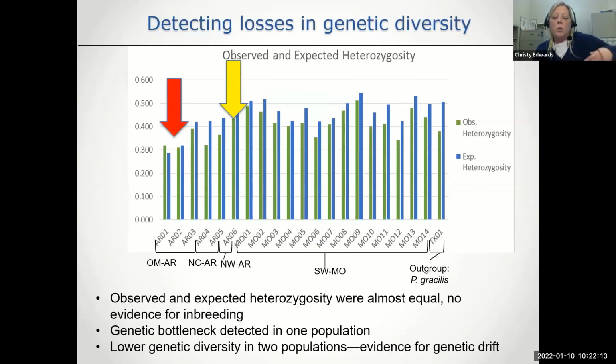So these two populations are really important targets for future management. They're experiencing declines, and these are the ones we've highlighted to land managers to think about implementing more intensive land management to try to increase population sizes. Next slide.